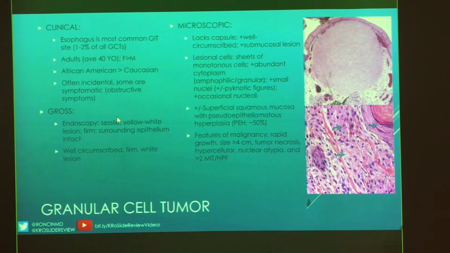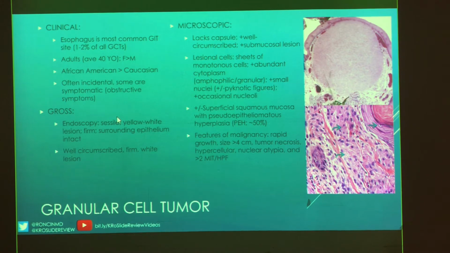They do have that abundant granular cytoplasm. To me, it looked more eosinophilic in that case, but typically it's more amphophilic or a little more purplish. The nuclei tend to be small, and you may or may not even see pyknotic figures, so don't let that scare you if you see that. And you'll see occasional nucleoli, but they shouldn't be very prominent, and it shouldn't be every cell.